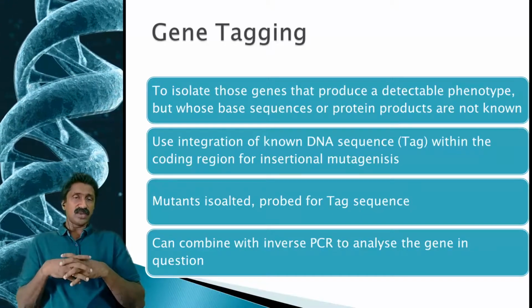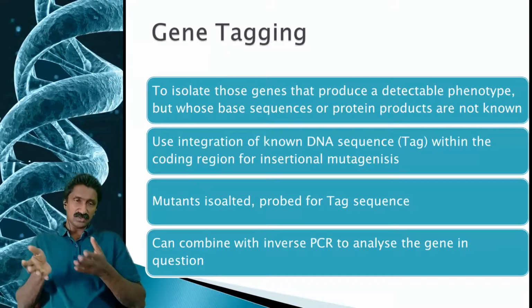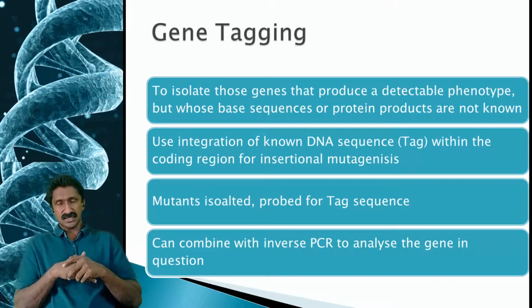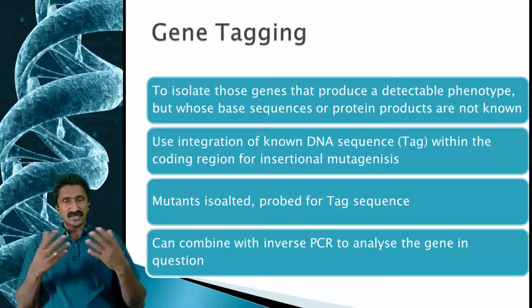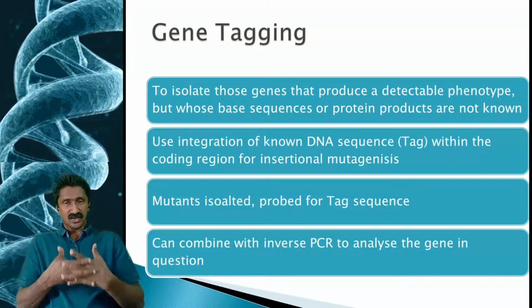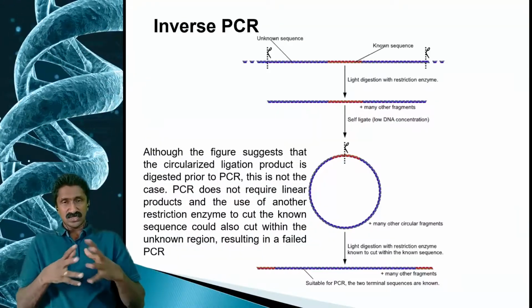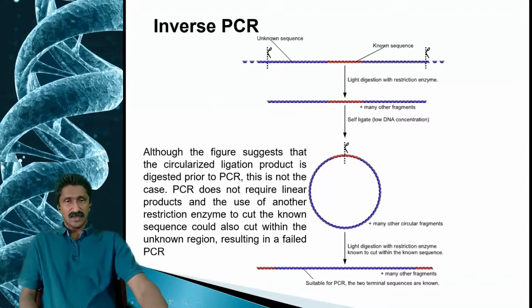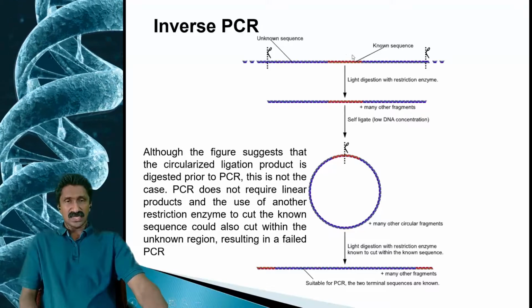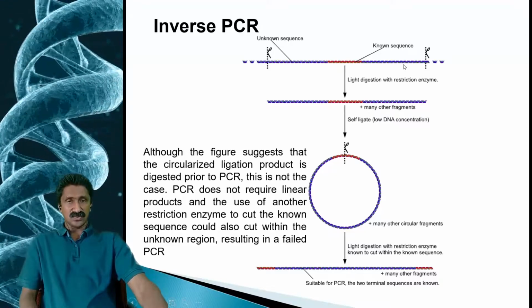Now they can be combined with inverse PCR. That's another method. I think we already discussed that in the PCR variants. So inverse PCR can be used for sequencing and analyzing these unknown sequences. This is an example of inverse PCR, in which a known sequence is attached as a tag to the unknown sequence.